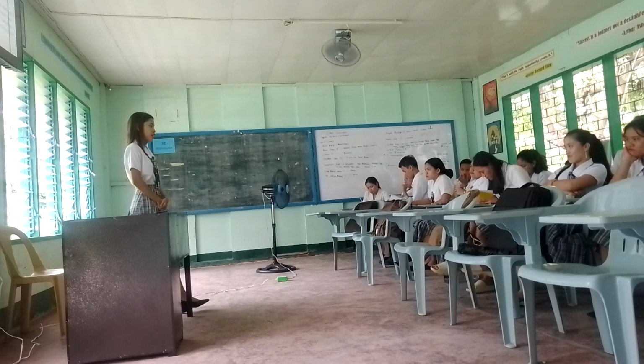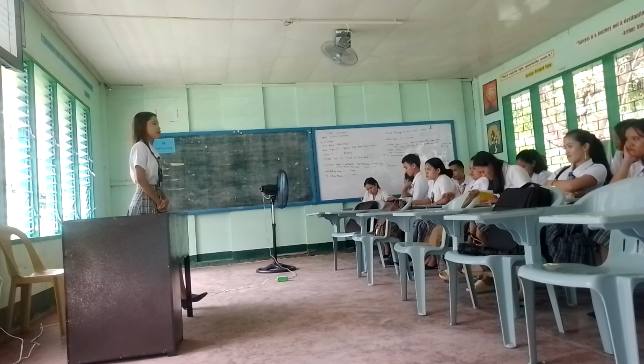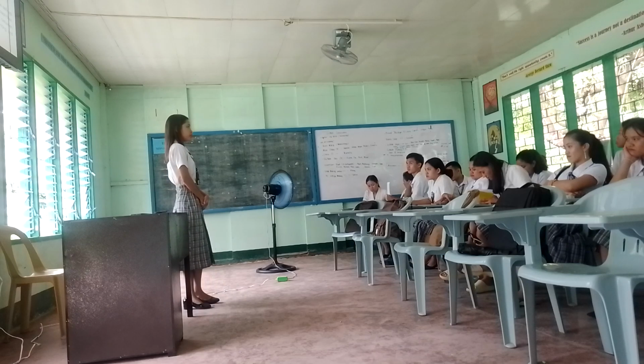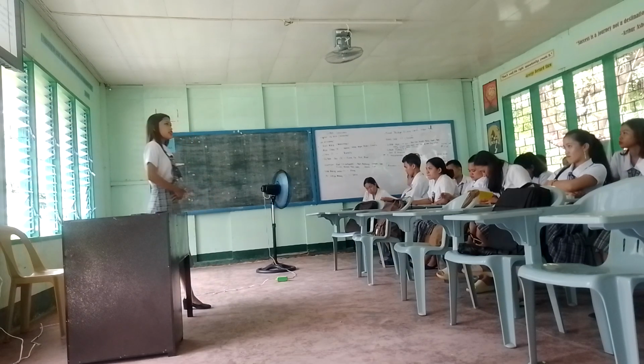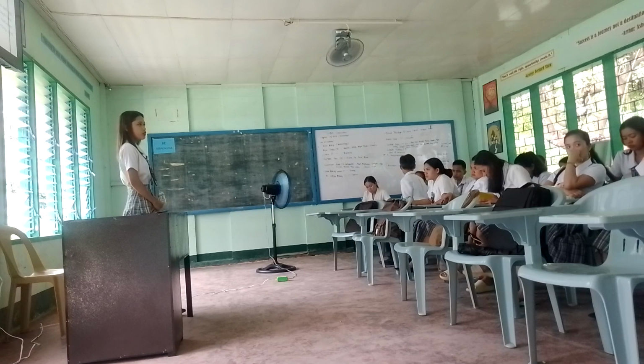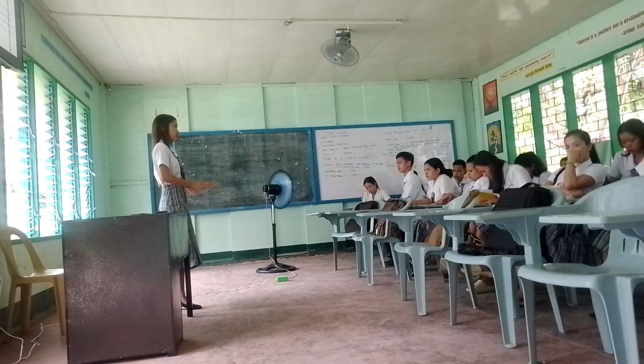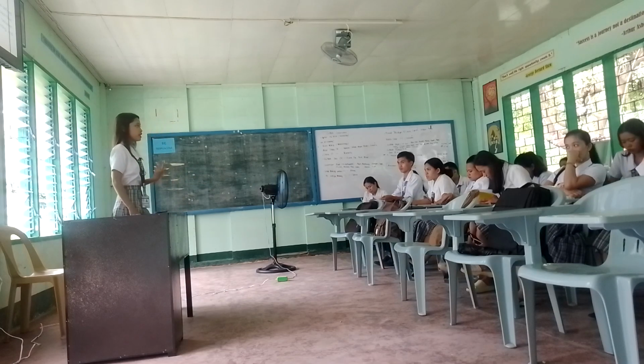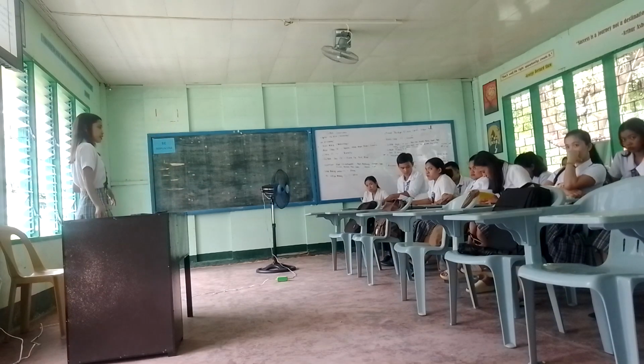First is the bank which is financial, di ba? Ang bangko. Next is the bank which is the river bank, in geography. Also the bank which is a place to sit in, or the bench, usually found in the parks.